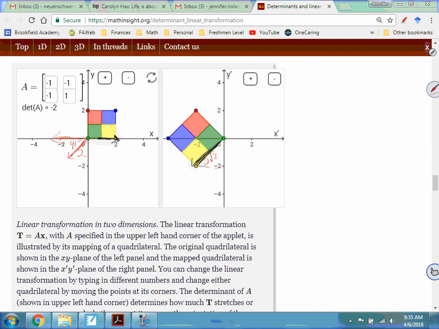Because if you consider this right triangle here, this is 2 and this is 2. So the vector went from being 2 units long to 2 radical 2 units long. Jeffrey? But if the area is 2 times bigger, wouldn't the scale be 2 instead of radical 2? So if you increase both the x and y by 2, what is the whole area? I think the determinant, that would be 4. Correct. Okay.